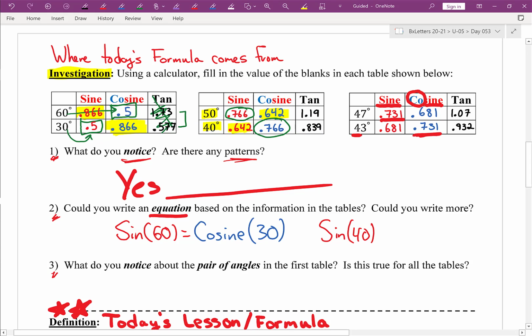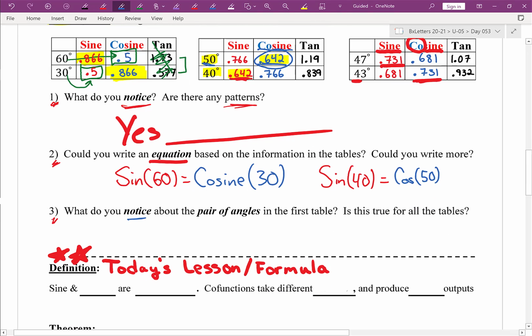So I am saying 0.642, the sine of 40, is the same as the cosine of 50, which is also 0.642. We could write more, yeah.